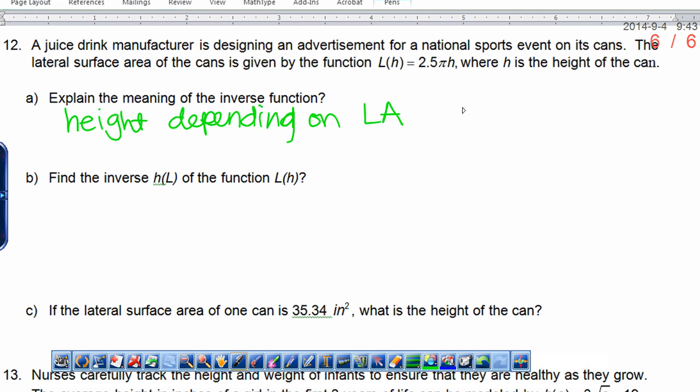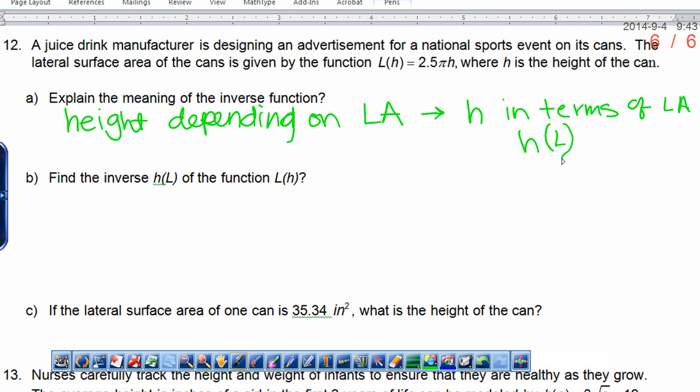So another way you can say that is the inverse is going to be the height in terms of the lateral area, which looks like this, H of L, a function of the height in terms of the lateral area. So you see we're only switching what we're solving for.